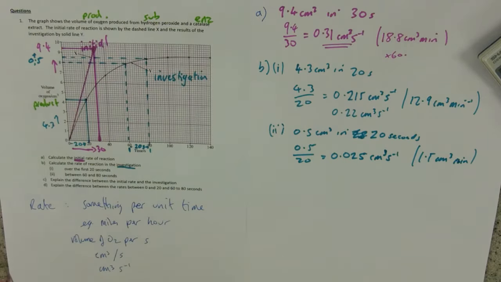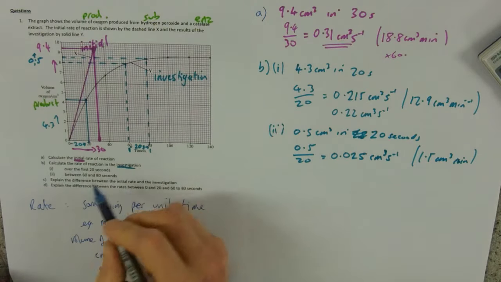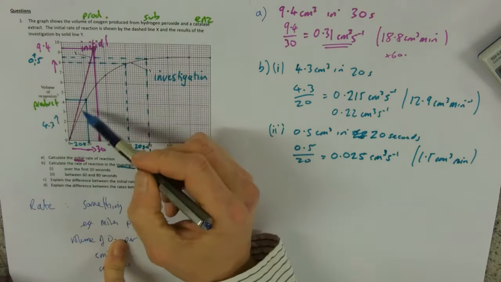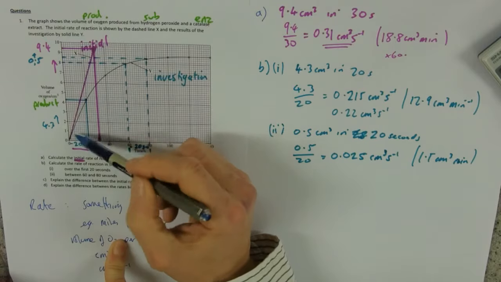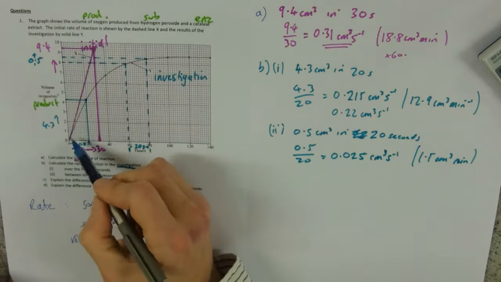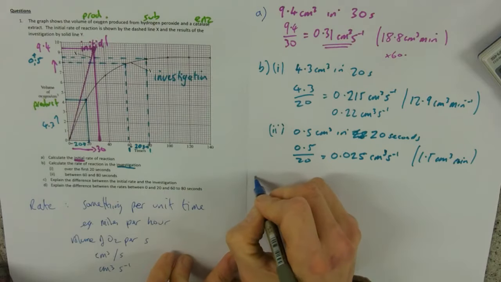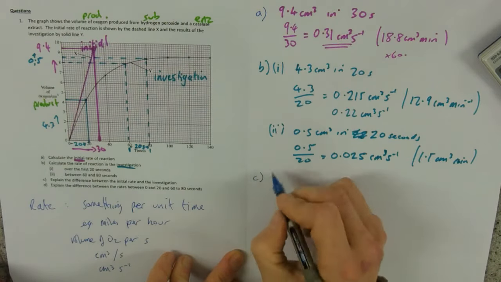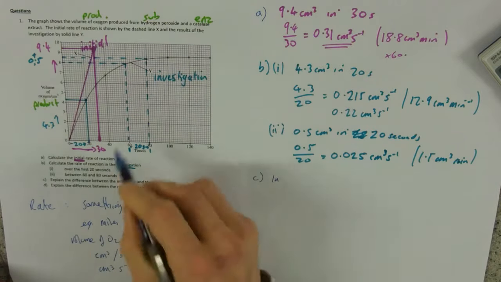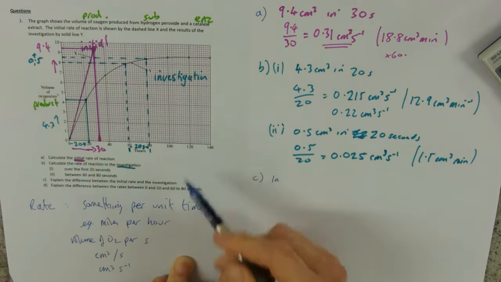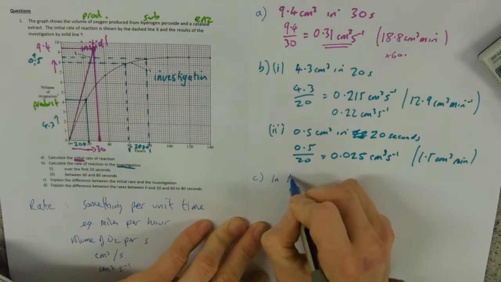And then explain the difference between the initial rate and the investigation rate. It's not very well constructed, this question, but what it's really saying is: why does my rate of investigation start off the same as my initial line and then get slower? The difference is that in the investigation we're actually using up some of our substrate, so there's less chance of a collision between the substrate and an active site.